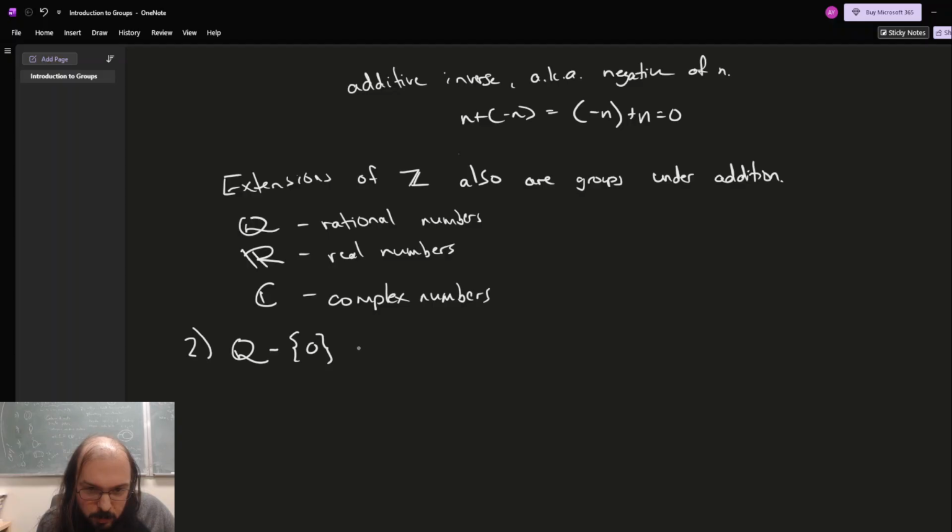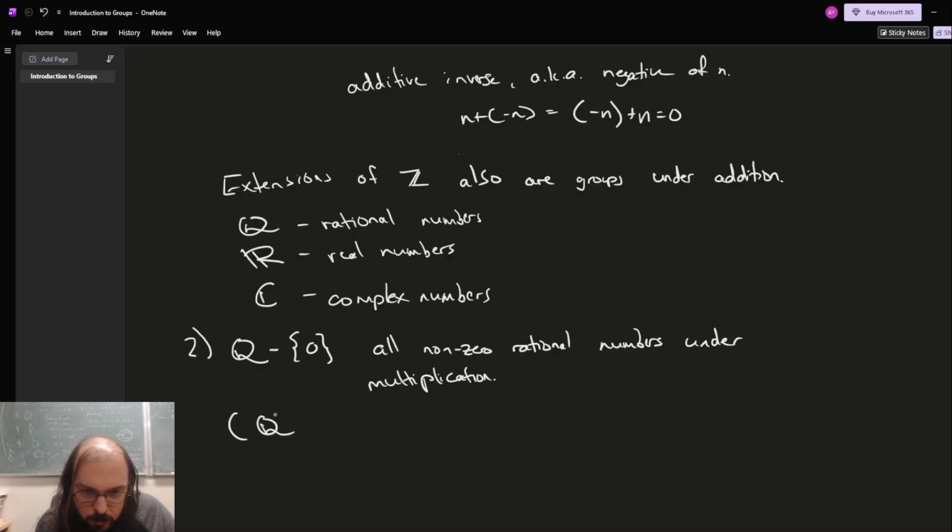So in other words, as a set, all non-zero rational numbers under multiplication. Or to be compact, we would write Q, and then we put this little star up here to indicate non-zero, and then times for the operation.